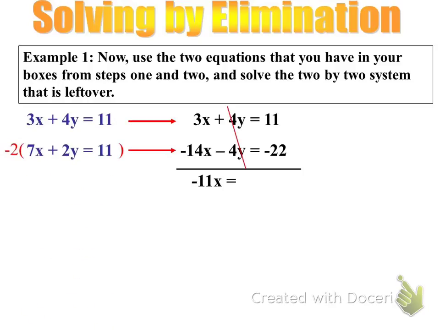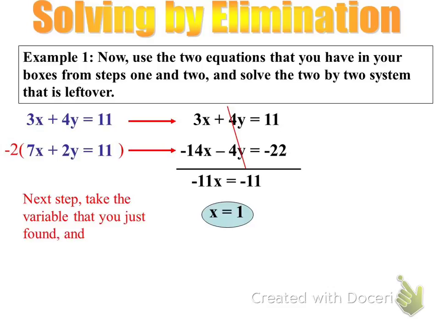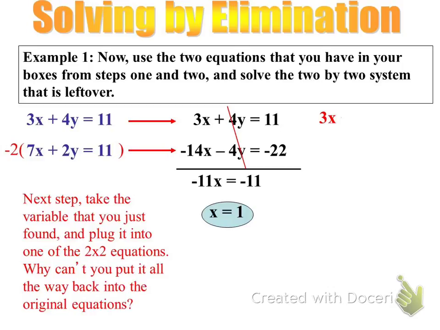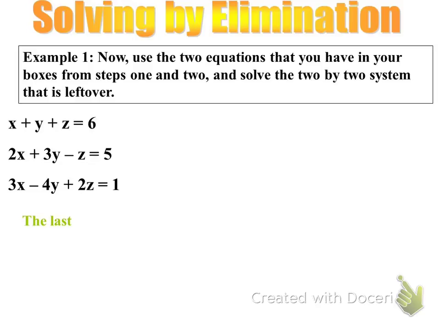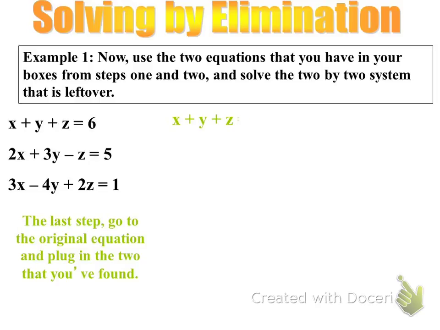We solve that 2 by 2 system, we get x equals 1, substitute that into one of the original equations, and we get y equals 2. Then we can substitute those two values into one of the original equations, x plus y plus z equals 6, and we get z equals 3.